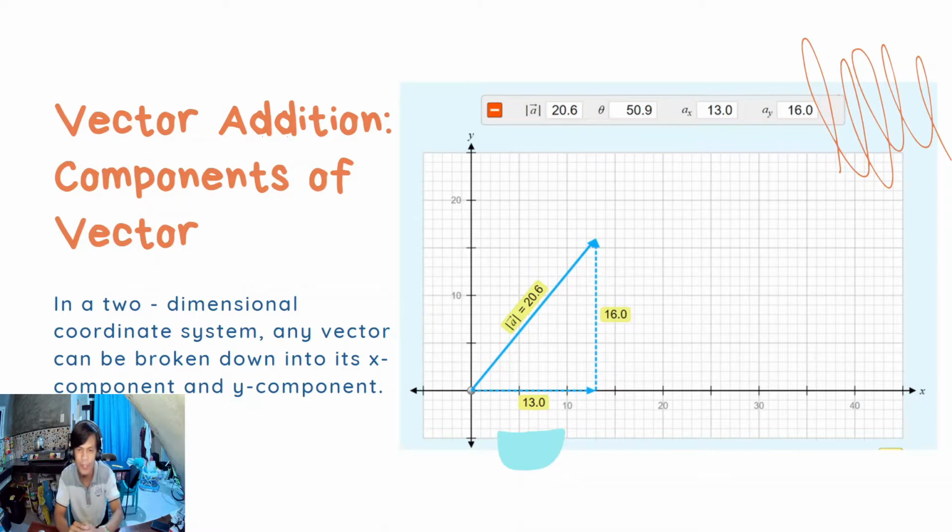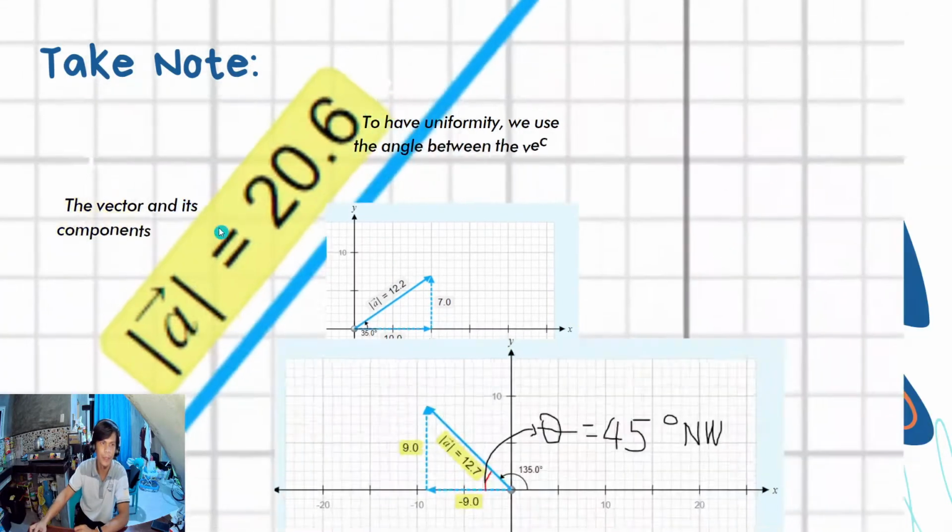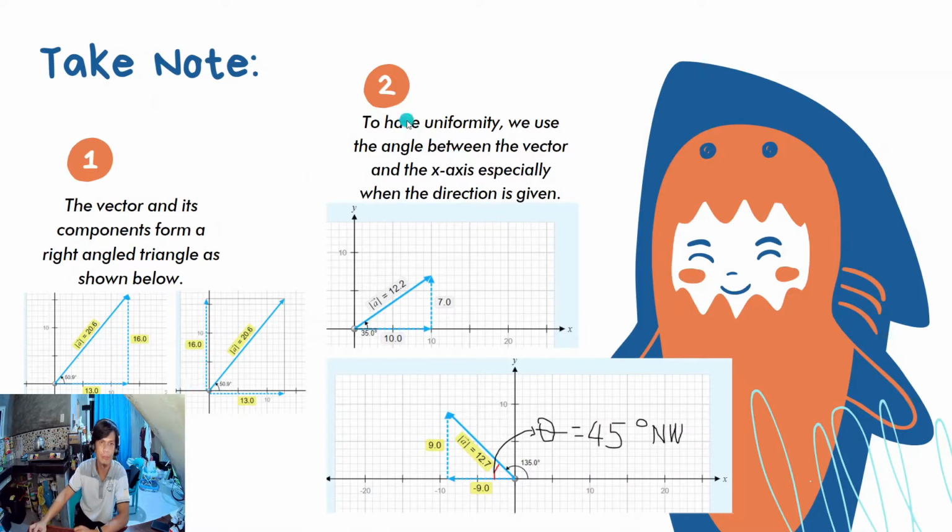If you have questions later on, just comment down below, or you can direct message me so that I can recognize your queries. Before we proceed, let us take note of the two rules that we have. The first: the vector and its components form a right-angled triangle as shown below.